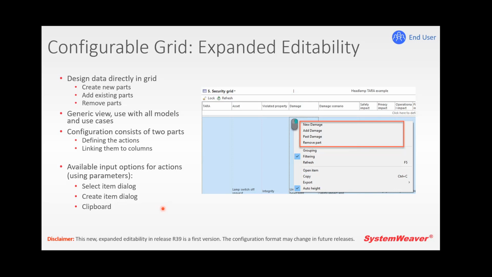It's using parameters, and they can, for example, present the select item dialog for users so that they can add an existing item. They can present the create item dialog for creating new items, and they can also have the action be based on what is copied to the clipboard by the user.